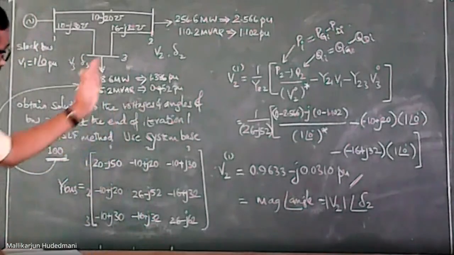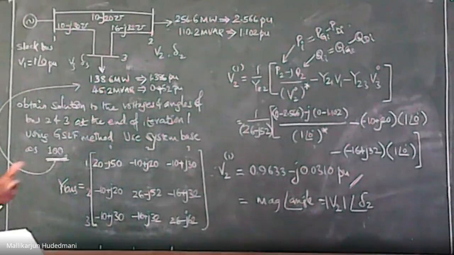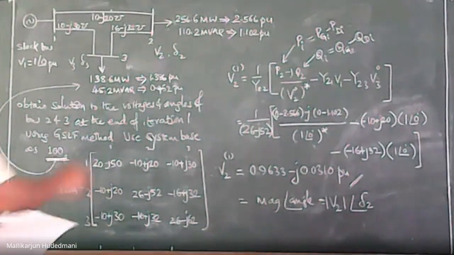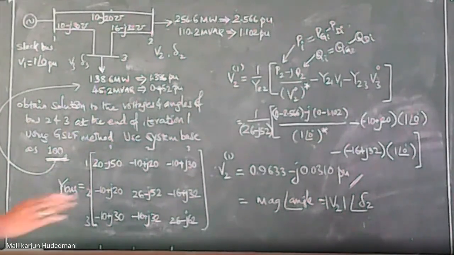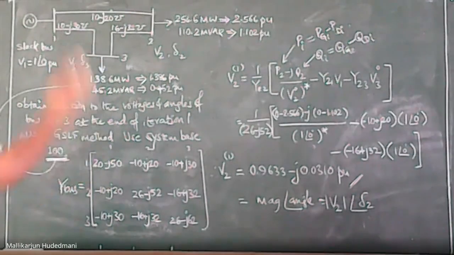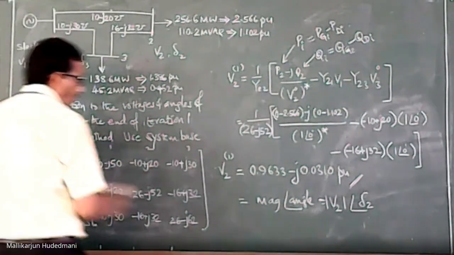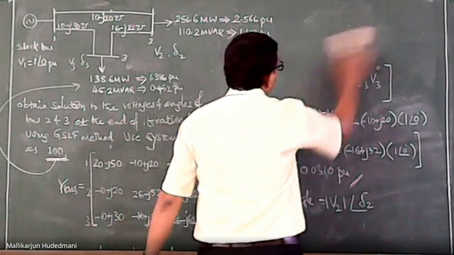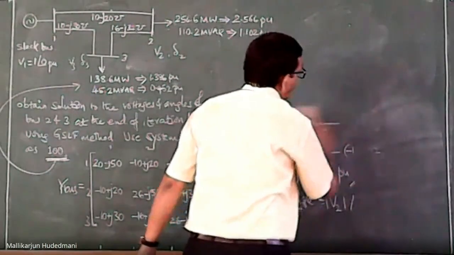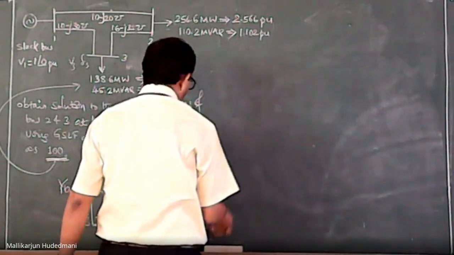If I follow the same steps for bus number 3, I write the equation for V3(1), substitute the content, and go ahead. Let us do that also. After having V2(1), I go to V3(1), the solution of bus 3 voltage at the end of iteration number 1.